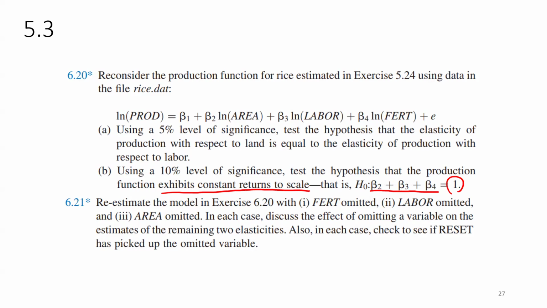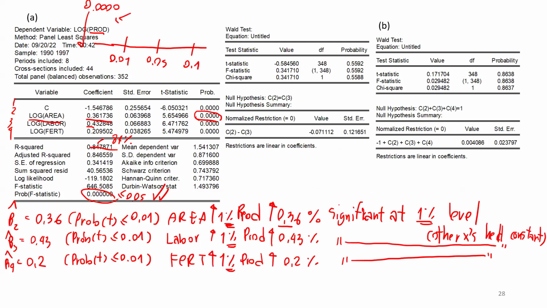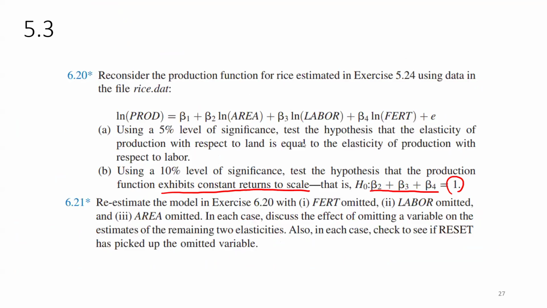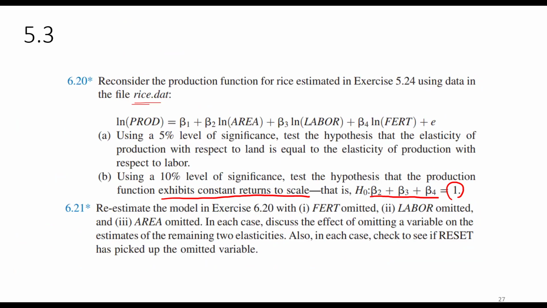Okay, if you do the computer exercise, you have to click on Wald test. Do you want to do it in the class? Okay. In the classroom, you will have the data named rice. Let's open it, rice.